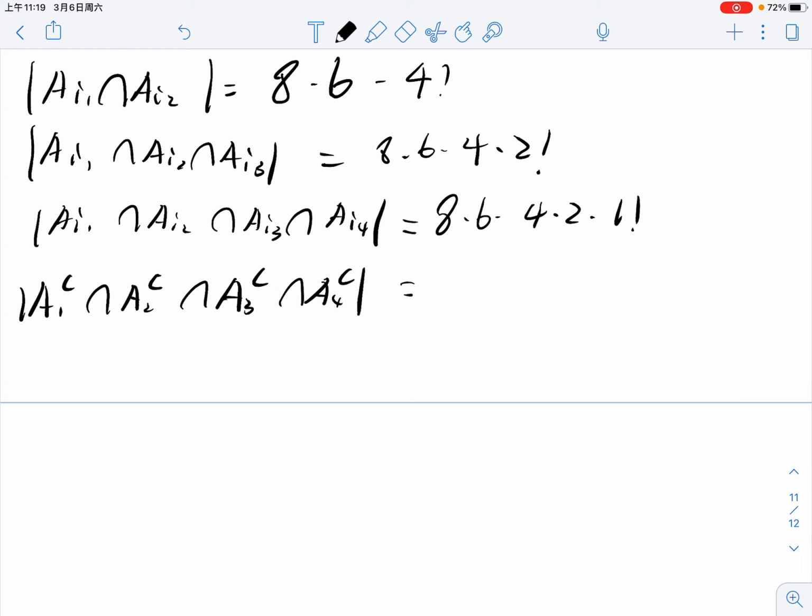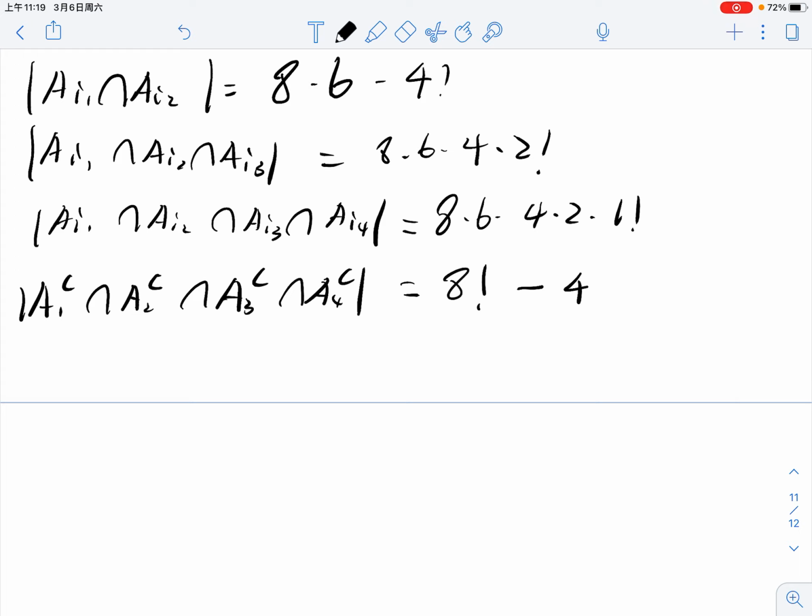Okay, and notice that here, this is a special case where the cardinality of intersections only depends on the number of sets appearing in the intersection. So you can apply the formula we introduced in the last lecture.